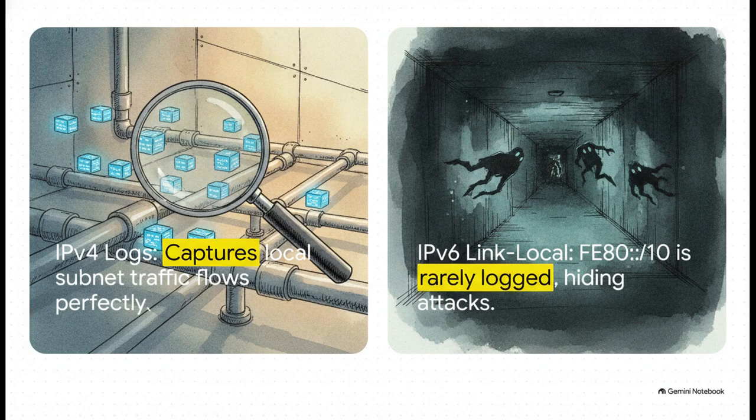Well, standard firewall and router logs capture your IPv4 traffic flows perfectly, but an incident involving IPv6 might be completely undetectable in a post-breach analysis because IPv6 link-local traffic, that's the FE80::/10 address space, is rarely logged, even on devices that explicitly support IPv6 logging. This is a catastrophe because the link-local space is exactly where neighbor discovery protocol attacks, router advertisement spoofing, and duplicate address detection attacks all operate. They are completely hidden from your forensic investigations.